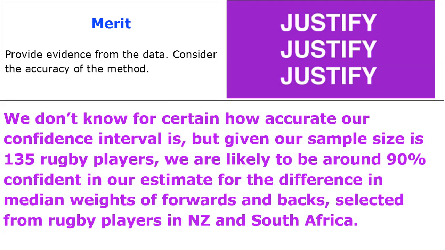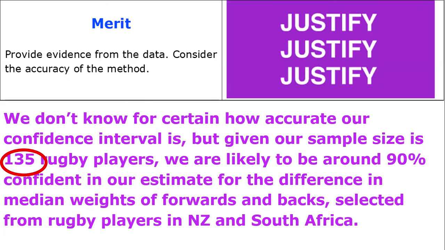For a merit, we need to have evidence and we need to be able to justify it. So we don't know how accurate our confidence interval is, but we do know that the sample size is about 135 rugby players in this particular sample that we took. You can find that by going back to NZ Grapher and scrolling through the data and seeing how many data values there are.